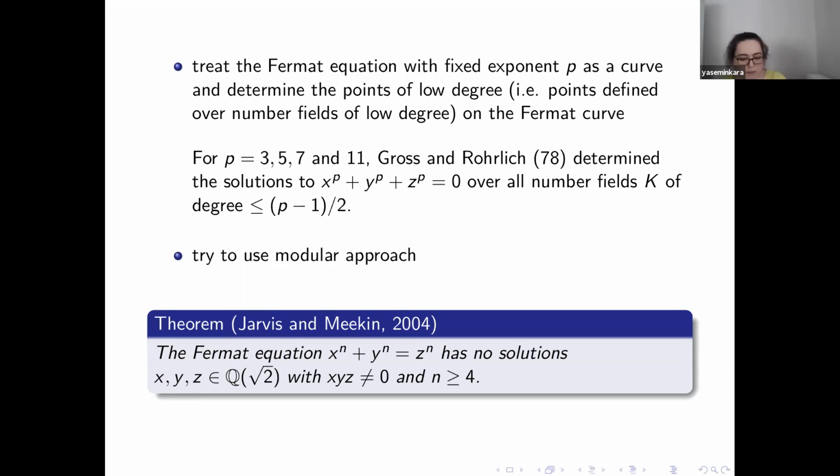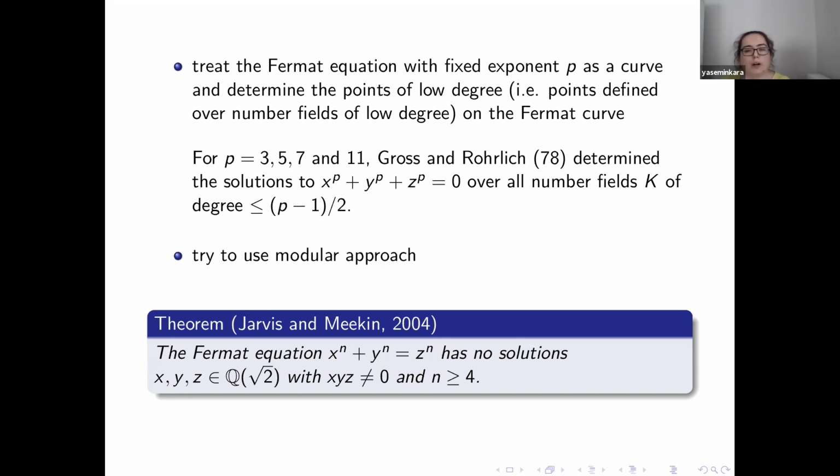Okay, but another method is, the question is, can we use this modular approach to get results on the asymptotic Fermat conjecture? And towards this direction, the first result is due to Jarvis and Meekin in 2004.